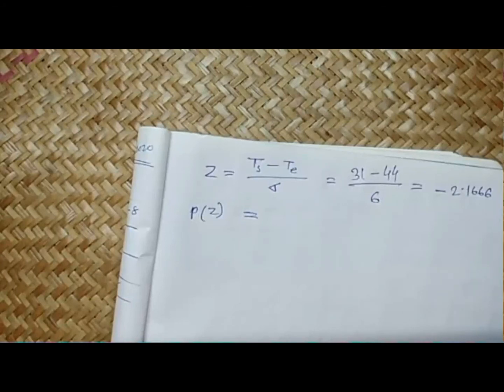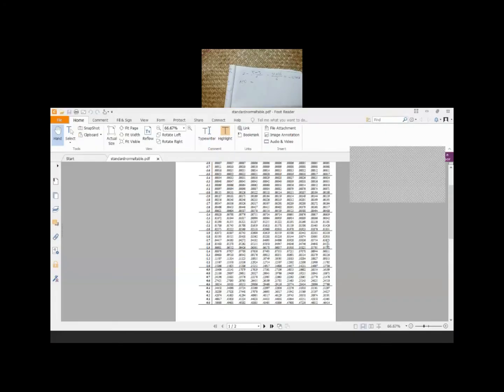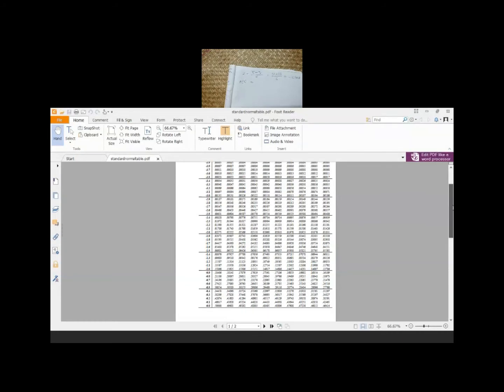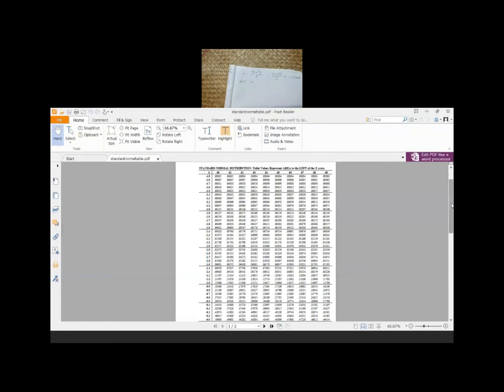Okay, can you see the PDF I am showing to you? This is the standard normal distribution table. Can you see it, guys? Yes, sir, you can see that.